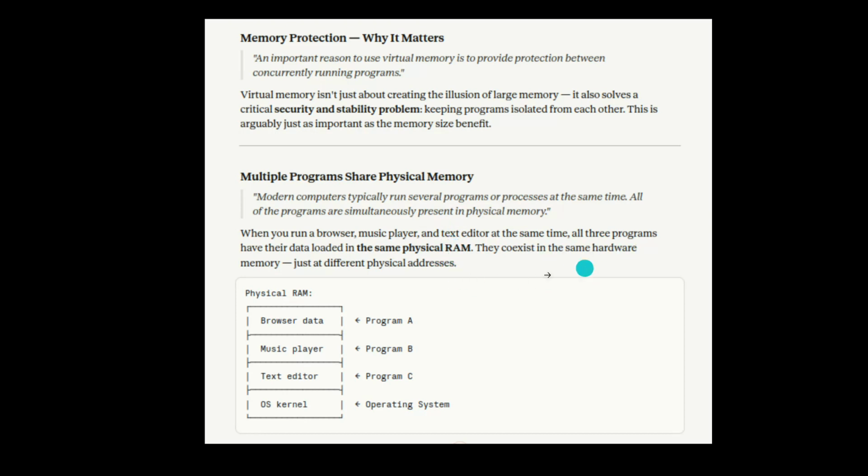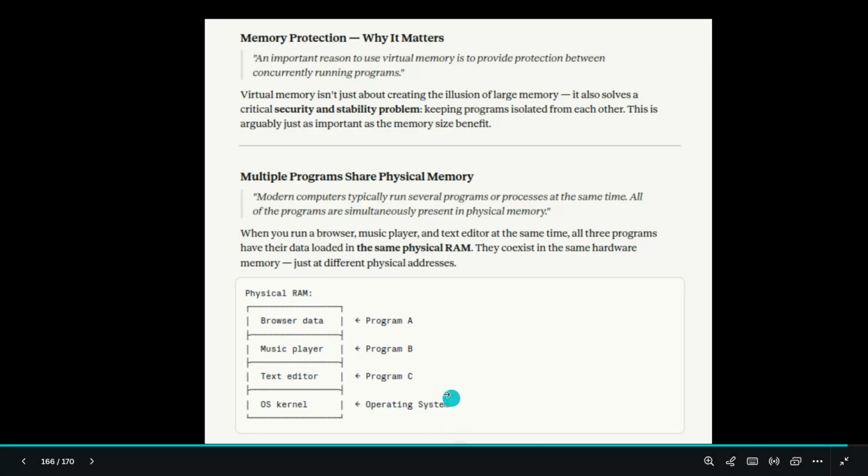They coexist in the same hardware memory, just at different physical addresses. As you can see in the physical RAM, the browser's program and data, the music player, the text editor and the OS kernel, that is the operating system, are all present simultaneously in our RAM.